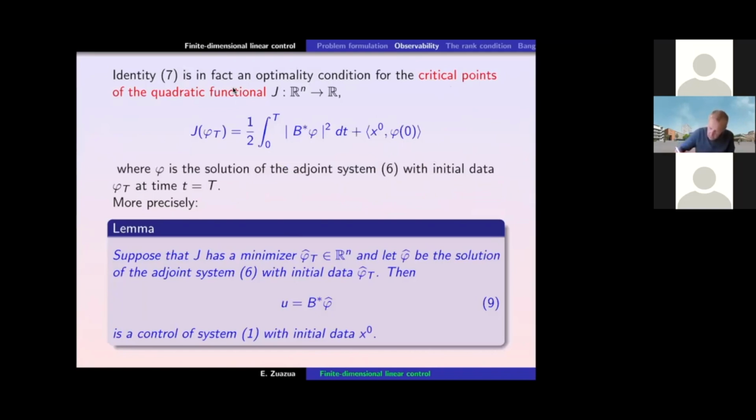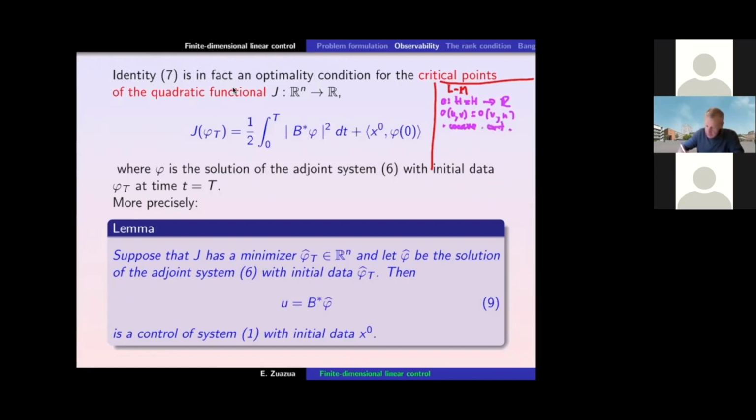Lax-Milgram says, I take a bilinear form on a Hilbert space. Just to make it simpler, I assume that A is symmetric, although there is a generalization of Lax-Milgram for non-symmetric bilinear forms. I assume it is coercive. I assume it is continuous.